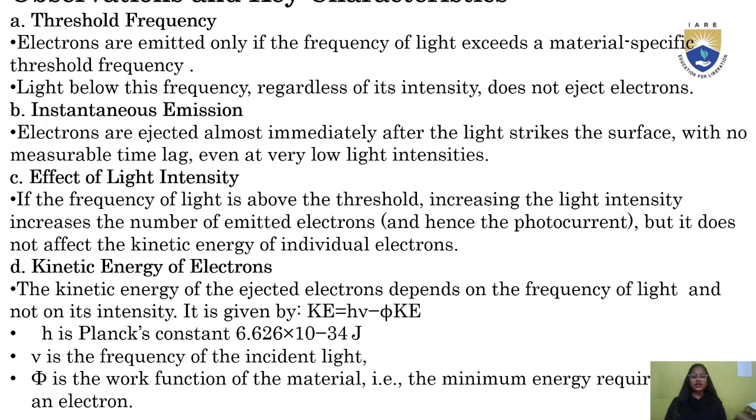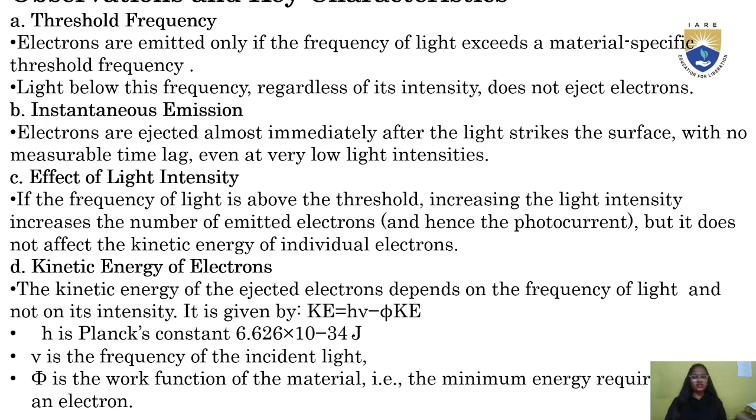Effect of light intensity: if the frequency of light is above the threshold, increasing the light intensity increases the number of emitted electrons and hence the photocurrent, but it does not affect the kinetic energy of individual electrons.